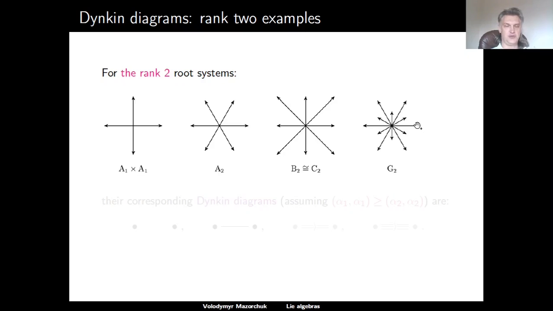In the rank 2 case, we have four different root systems. So the first root system is A1 times A1. The basis contains always two elements, and here these elements are orthogonal to each other. So in the corresponding Dynkin diagram, we get two vertices corresponding to the basis elements and no edges between them because the basis elements are orthogonal to each other.